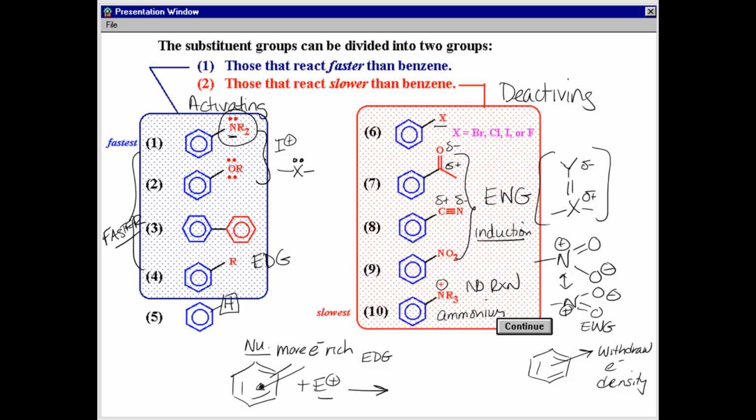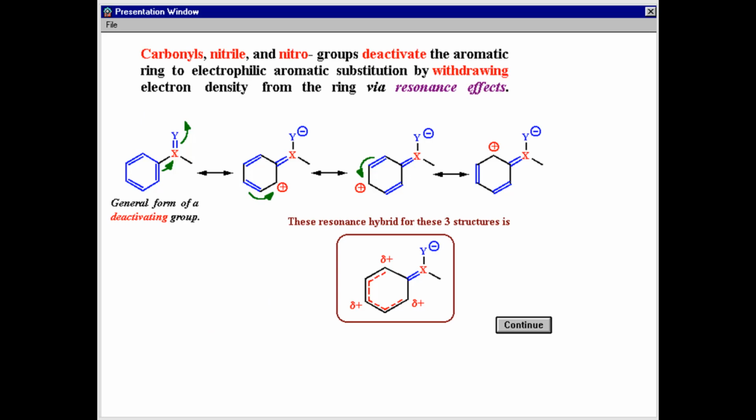But resonance, again, is more powerful than induction. So how does this X double bond Y group deactivate the ring, or pull electron density out of the ring, by resonance? Here's how that works.